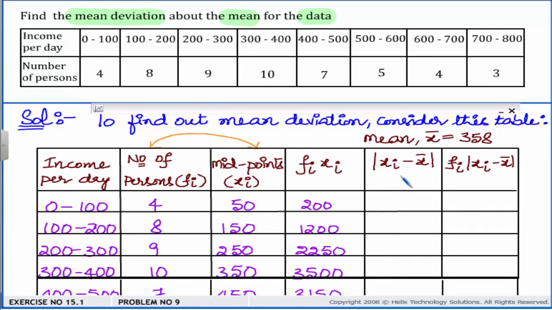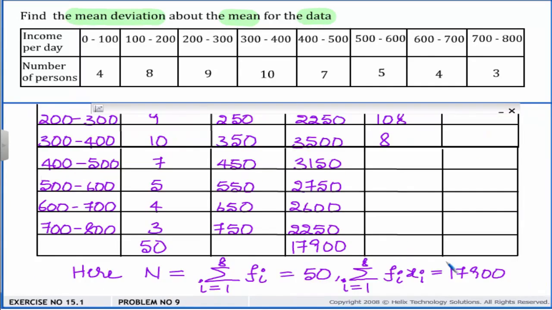Now let us find out modulus of xi minus x bar. The first one is 50 minus 358 under modulus, that is modulus of minus 308, which gives us 308. Next one we will be getting 208, 108, 8, and after that we will be getting 92, 192, 292 and 392.